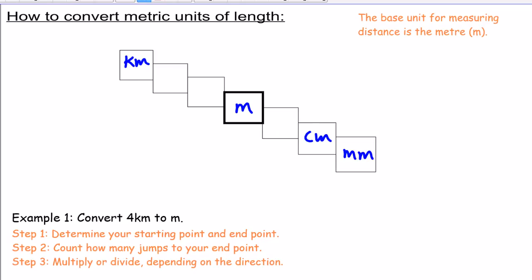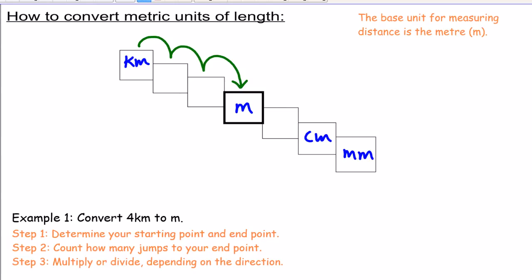Now, suppose you want to convert 4 kilometers to meters. That will mean that my starting point will be at kilometers, and then that will be my end point. Now, those are how many jumps? 3 jumps.